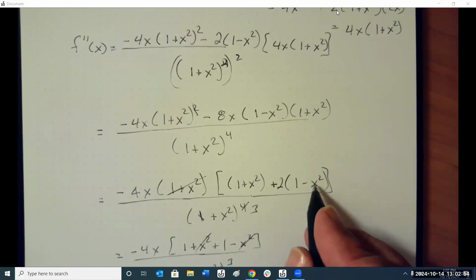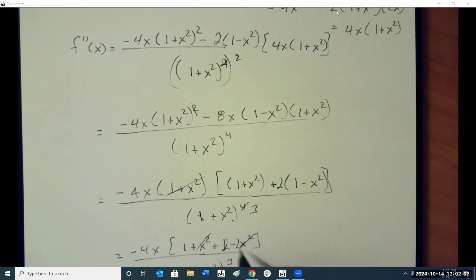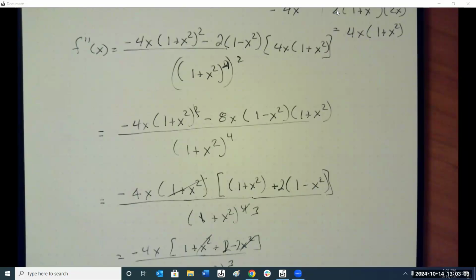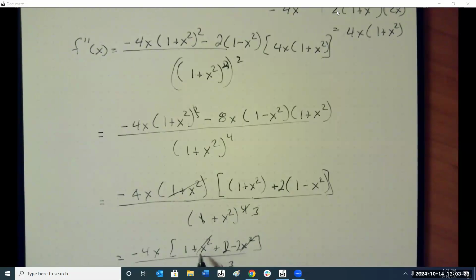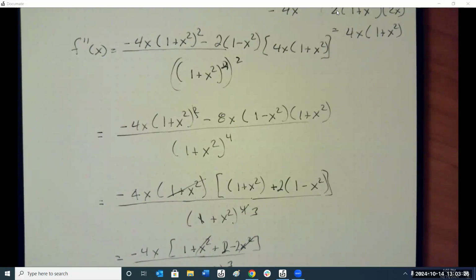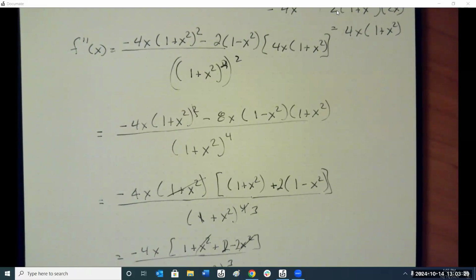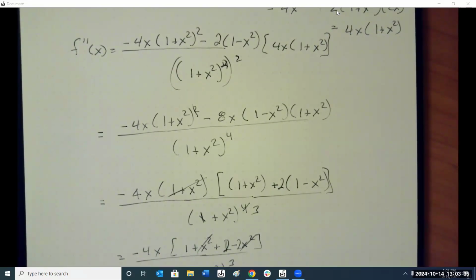So this one becomes 2 minus 2x squared, which leaves us with negative 4x. 1 plus 2 is 3. Negative 2x squared plus 1 is negative x squared. Over 1 plus x squared to the third. That's the second derivative.